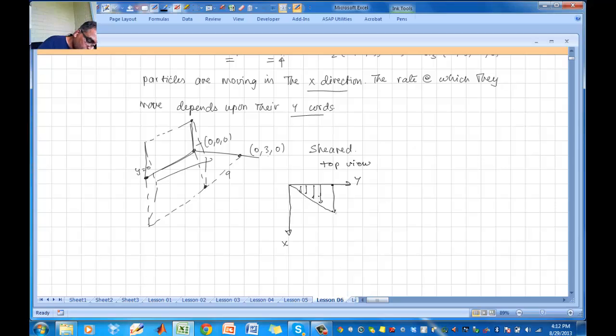What used to be a rectangle here will become a parallelogram. That's how motion occurs, by using the displacement vector. Thank you.